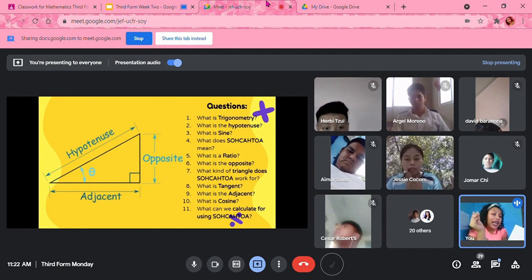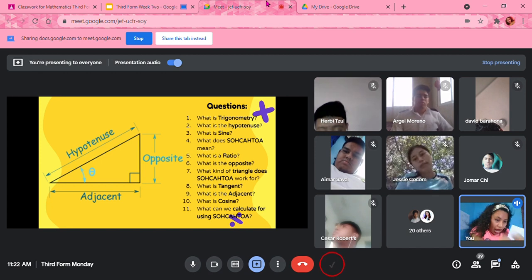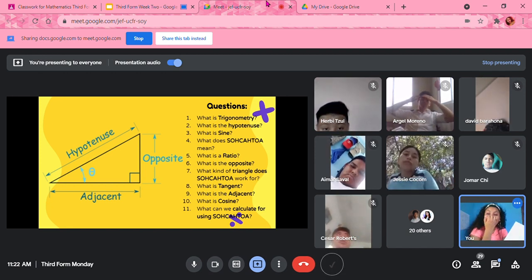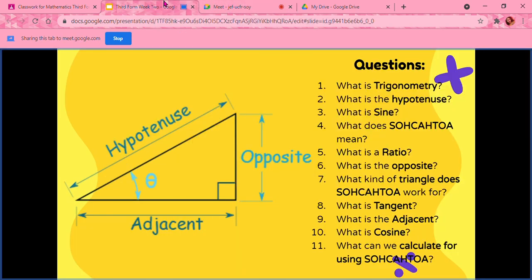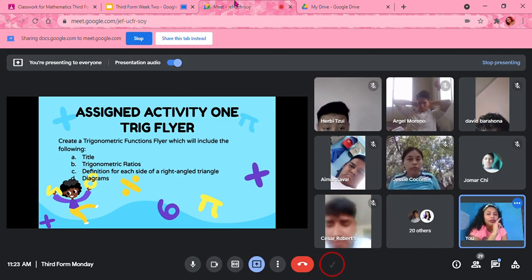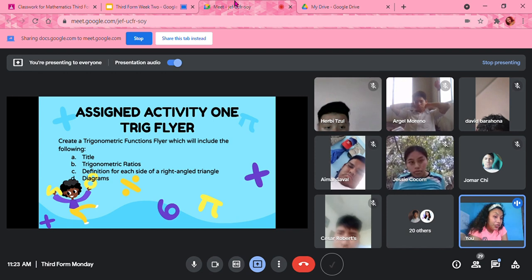You're gonna tell me what the hypotenuse is, what the opposite is, and what the adjacent is. And then the last thing that you're doing is that you're gonna tell me what sine, cosine, and tangent are, meaning what are the formulas.